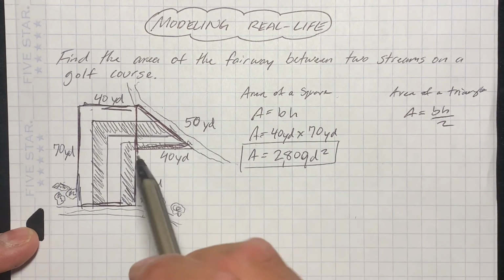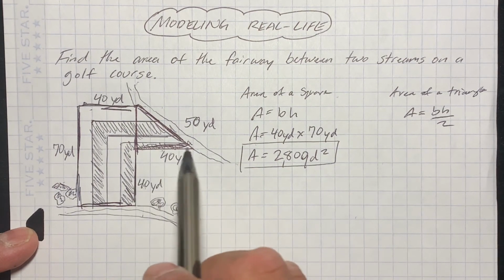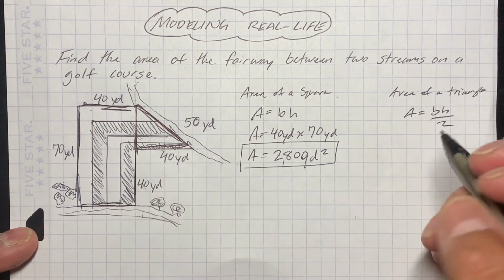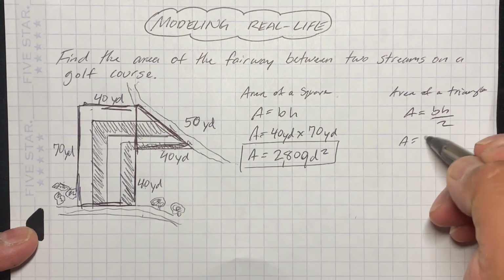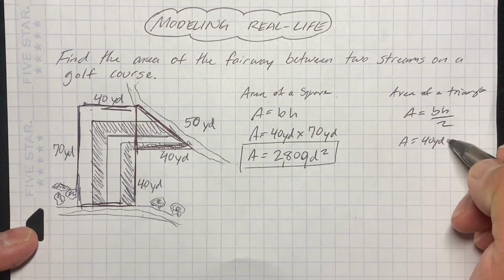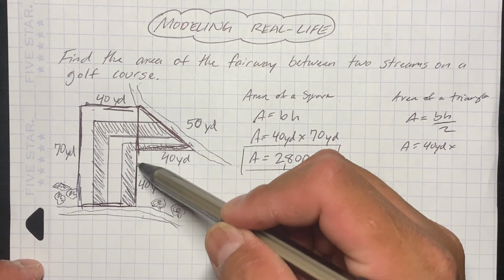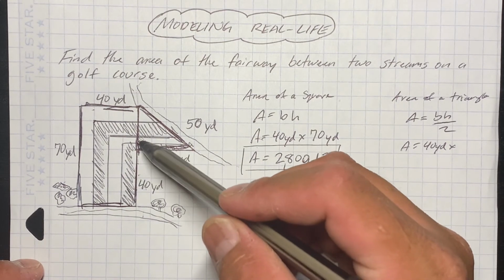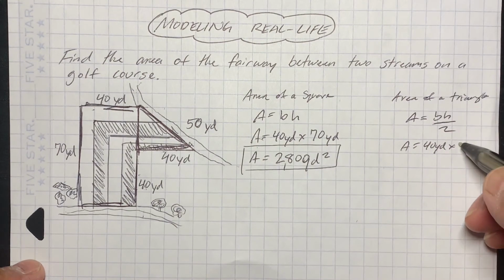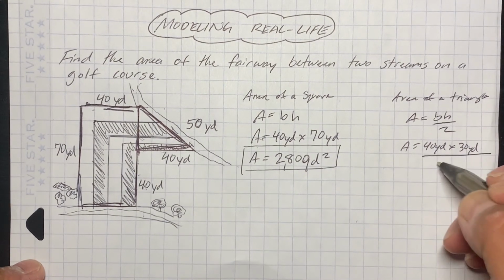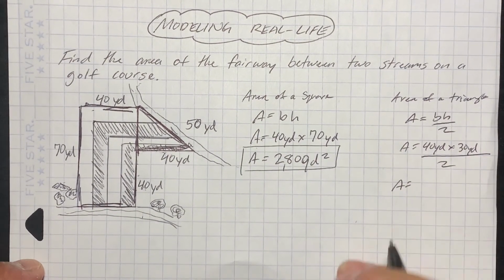And then we just find the small one. So again, the base here is 40 yards times, all right, here's 10, 20, 30 yards, the height is 30 yards, divided by 2. Okay.